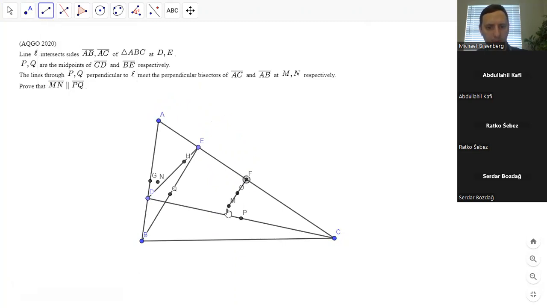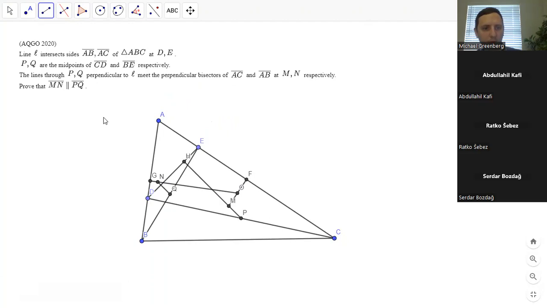So we have PH, and then we have the lines through P and Q perpendicular. Did I draw this right? Maybe I did.